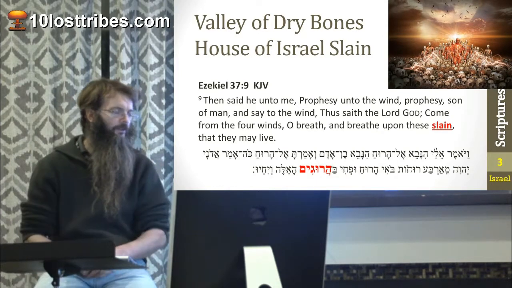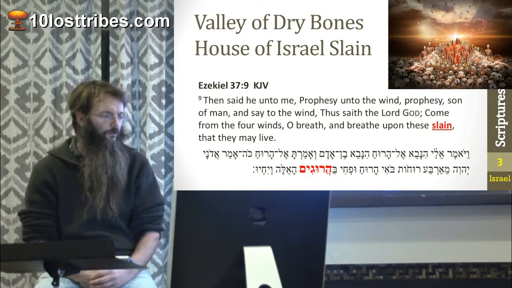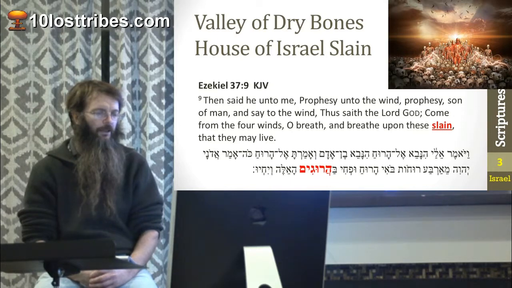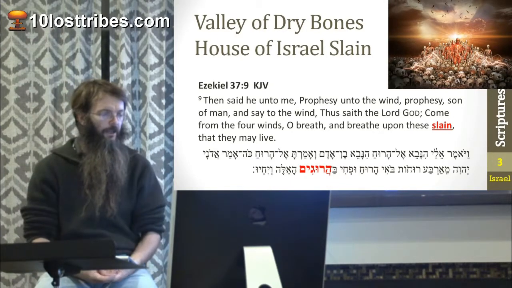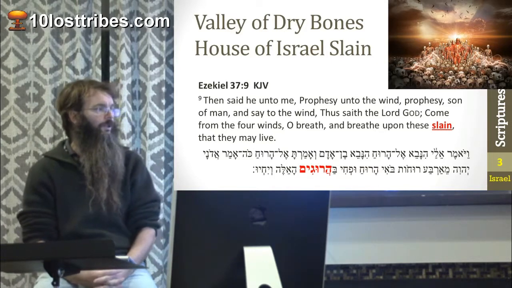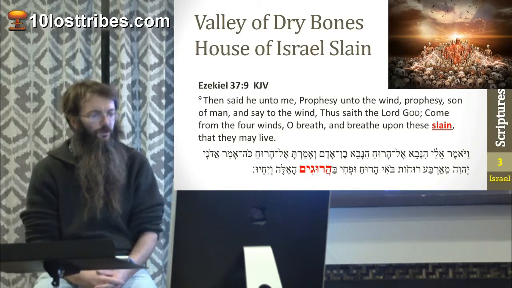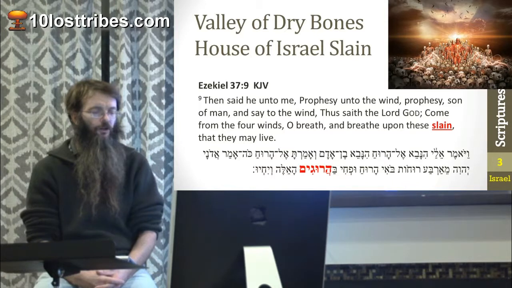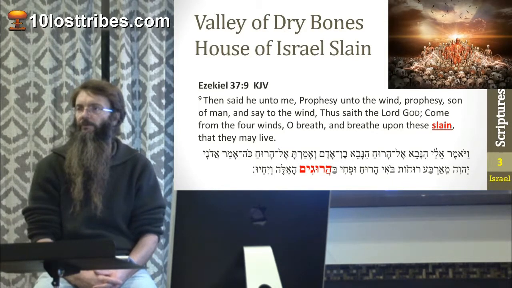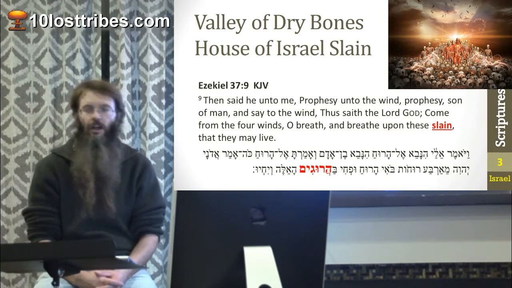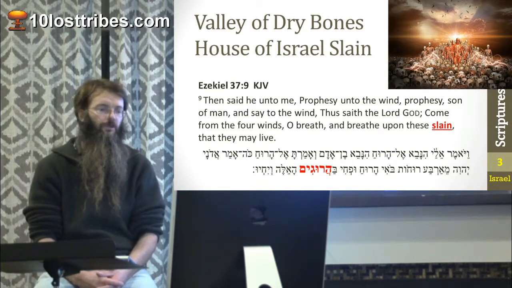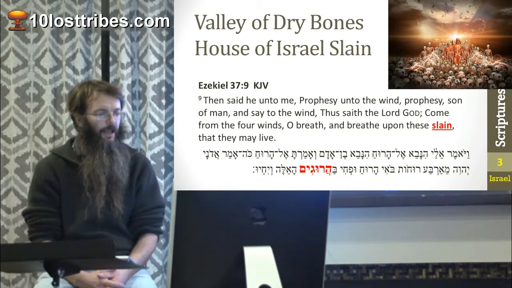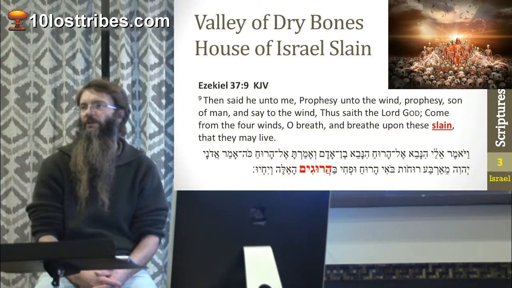And in chapters 36 and 37, we read about Israel coming together and joining with Judah. And the valley of dry bones represents the house of Israel. But this verse shows me something else as well. It's not just talking about the house of Israel as we know it today, or the lost tribes. It's talking about something that happened in the past, and it can't have happened this side of Adam.